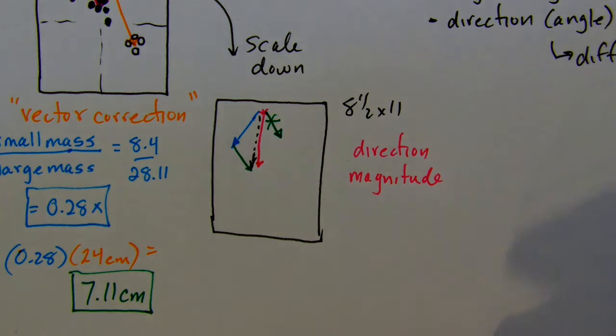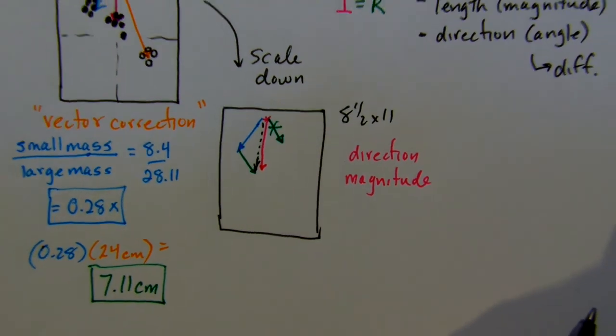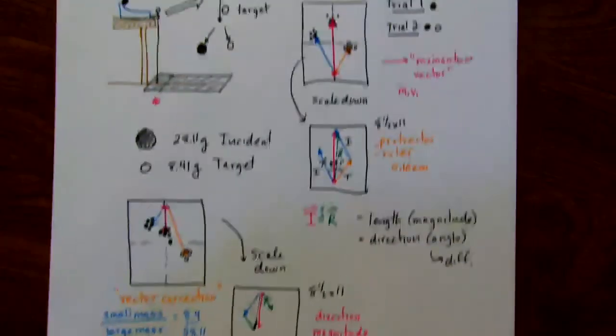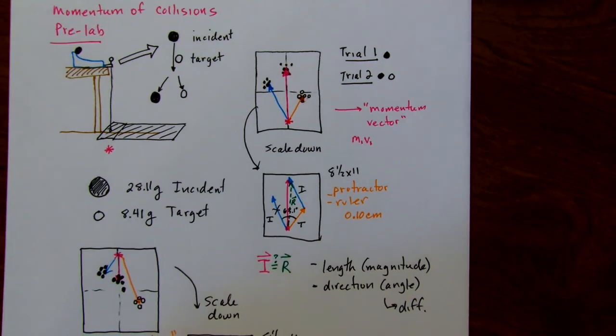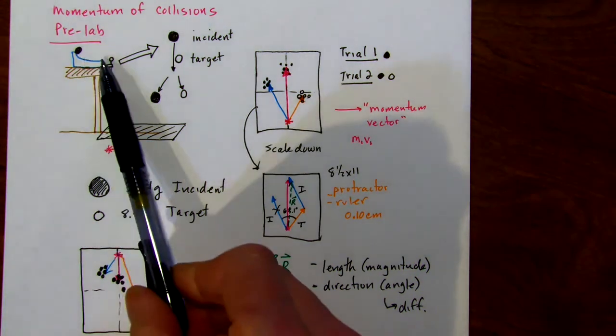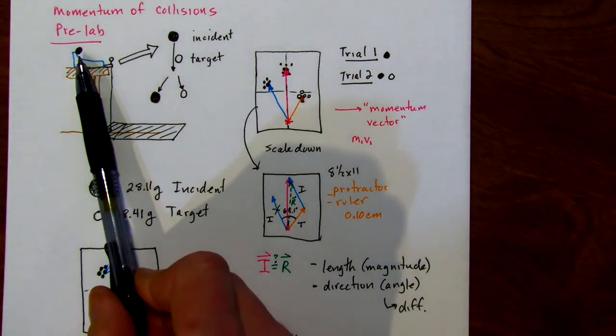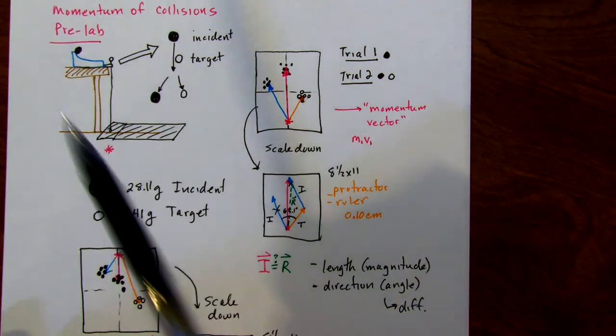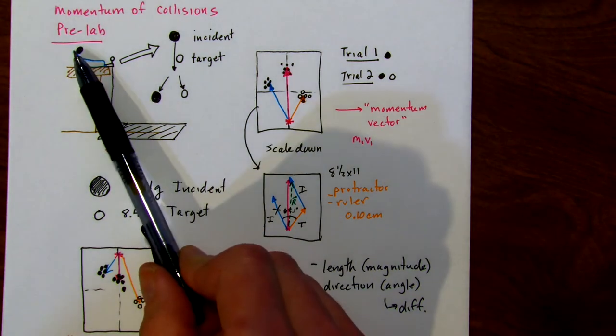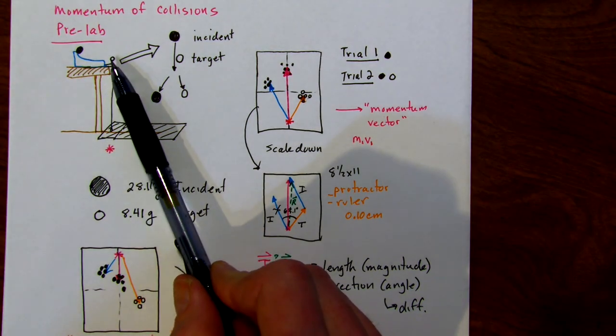So let's back up a little bit, make sure that you're ready, so when we give you the lab data you'll know what's going on. The situation is that you have a ramp that has two equal spheres. This one's drawn bigger than we had in the original. This incident sphere strikes this target.